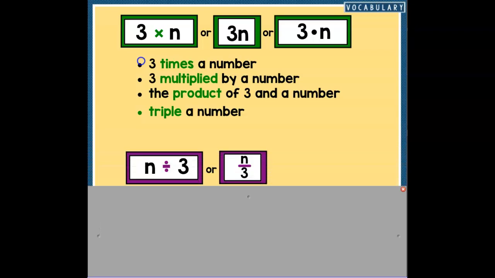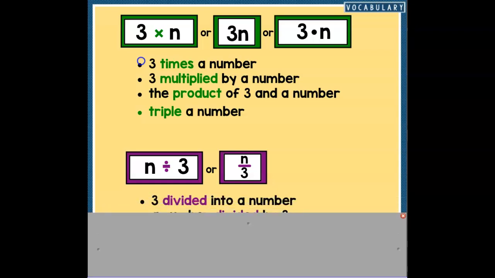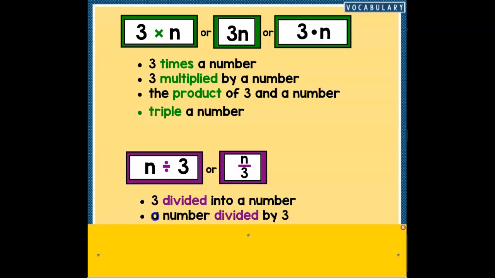Now with your partner, read how you would say these two expressions. Maybe you would say 3 divided into a number. Maybe it would be a number divided by 3.